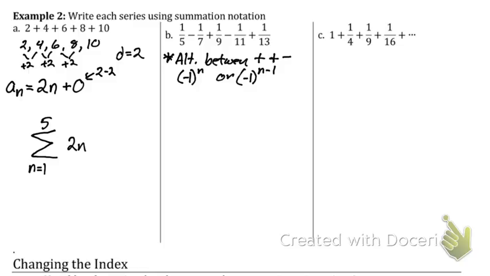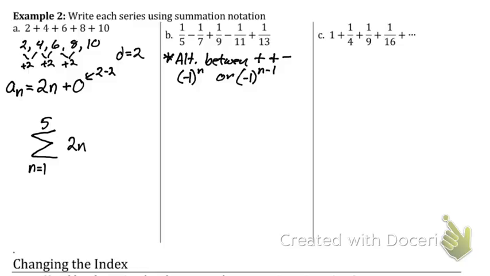Does anyone remember how I decide which one of those two to use? Yes? If it starts positive, don't you do n minus 1, because you start with 1 minus 1, which is 0, and negative 1 to the 0th power is always 1. Yep, perfect. So I look at my first term, it's positive. So I'm going to plug a 1 in here.